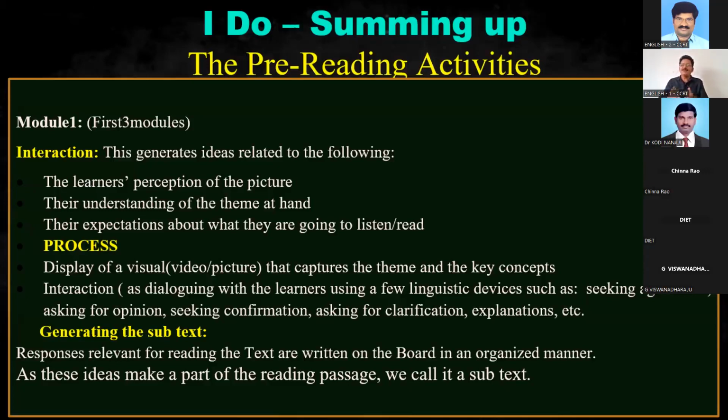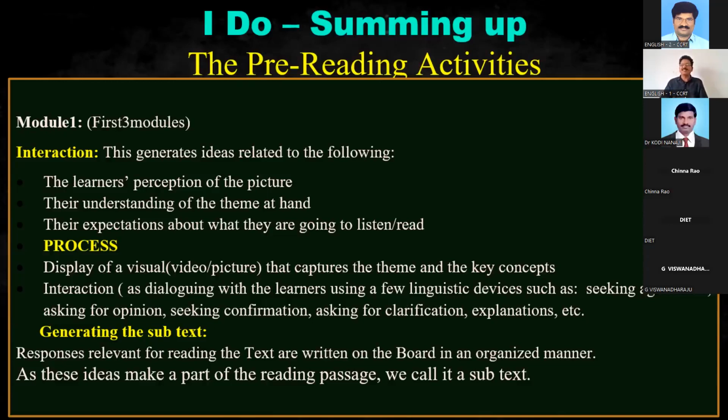If you have observed the process clearly, we have collected various very interesting pictures, and we have shown them and interacted with the students, and children were coming with a lot of different kinds of responses.